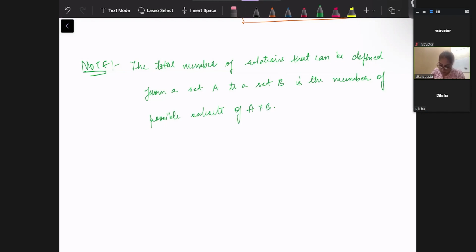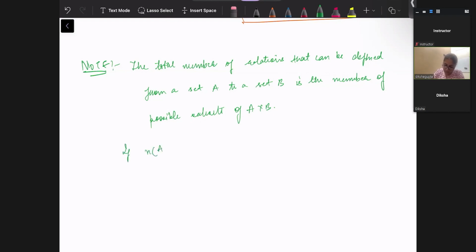So what this note or remark is saying is that कितने number of relations हो सकते हैं given a set A and B, it has to be a subset of A cross B. So जितने number of subsets हो सकते हैं A cross B के उतने ही number of relations हो सकते हैं A और B.